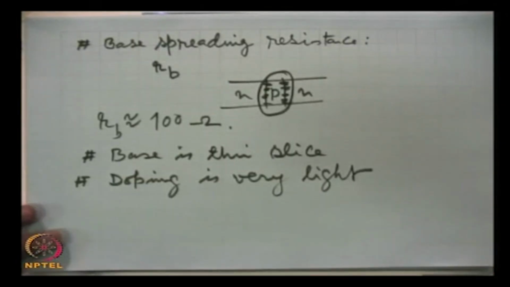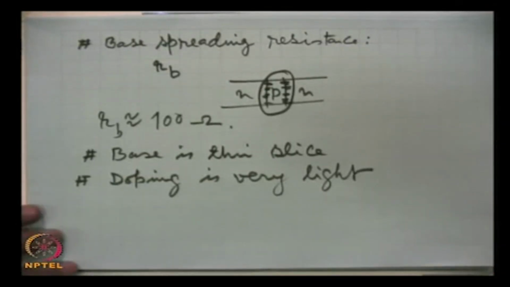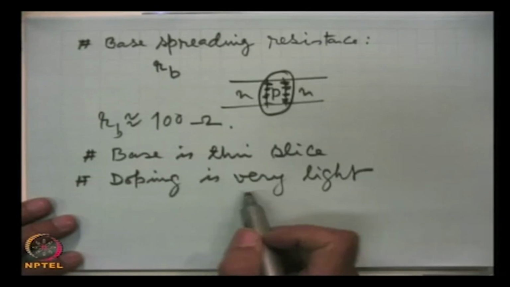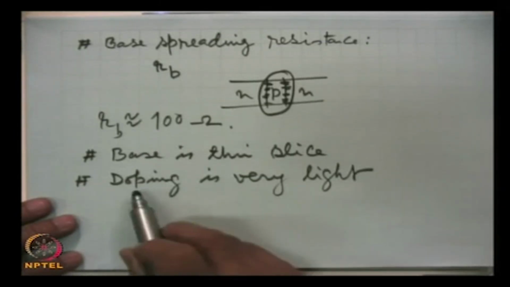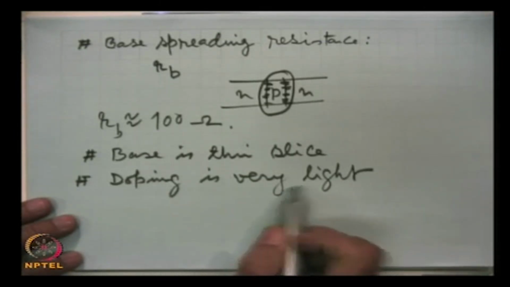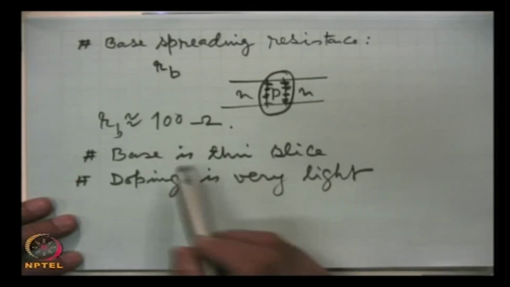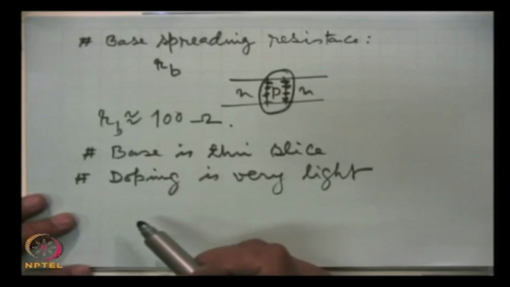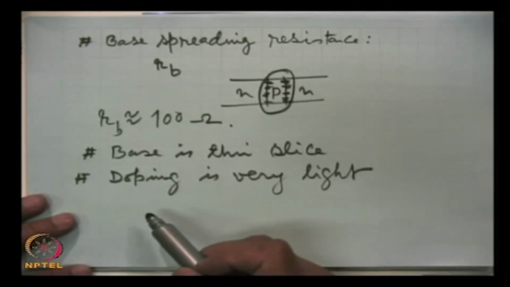What does doping do? By doping, we change the resistivity of the semiconductor, so it is directly related with the doping level, and doping is kept very low in the base region for the reasons which we have discussed, what are the requirements for an efficient transistor.